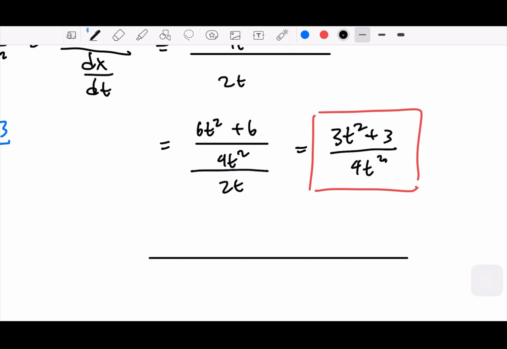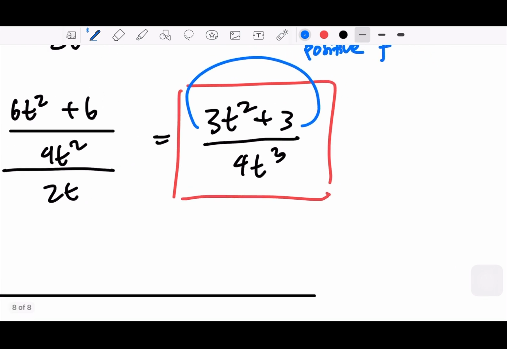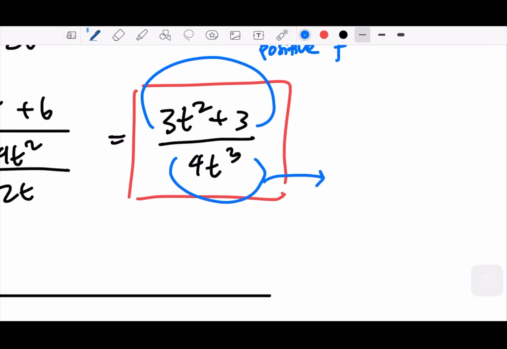Oh, sorry, it's a cube. So this one is a positive function, and this one is a cubic, which determines positive or negative.